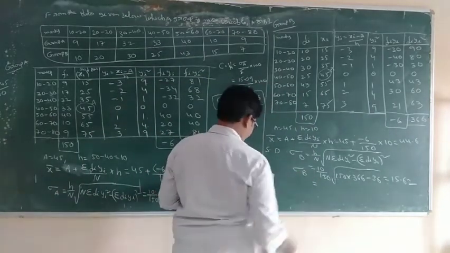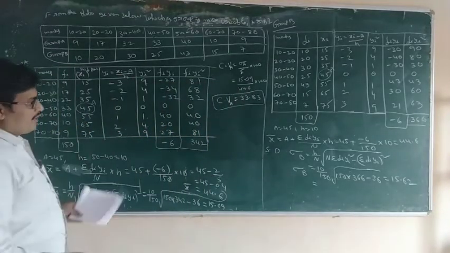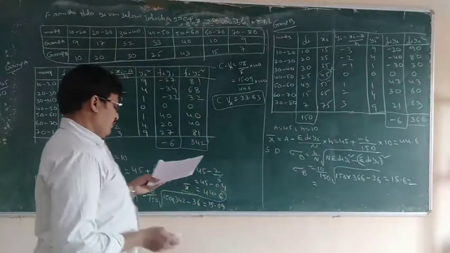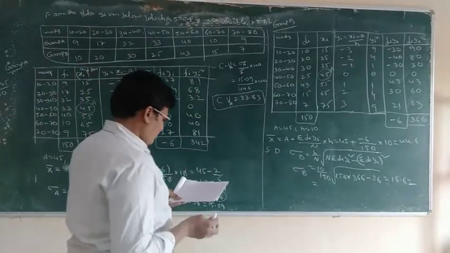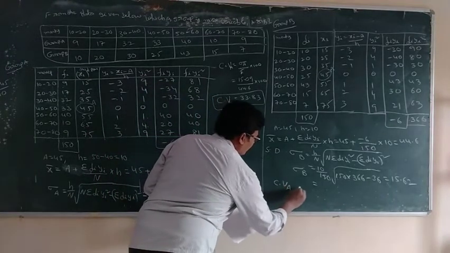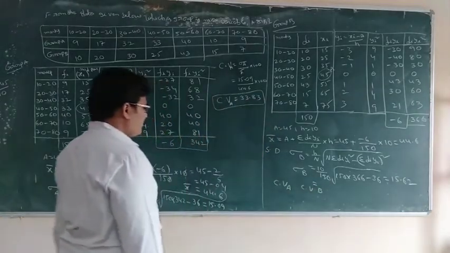So sigma A is equal to 15.09. Sigma B is equal to 15.06. So group B is more variable. The coefficient of variation of A is 33.83 and of B is 15.62. Which one is highest?